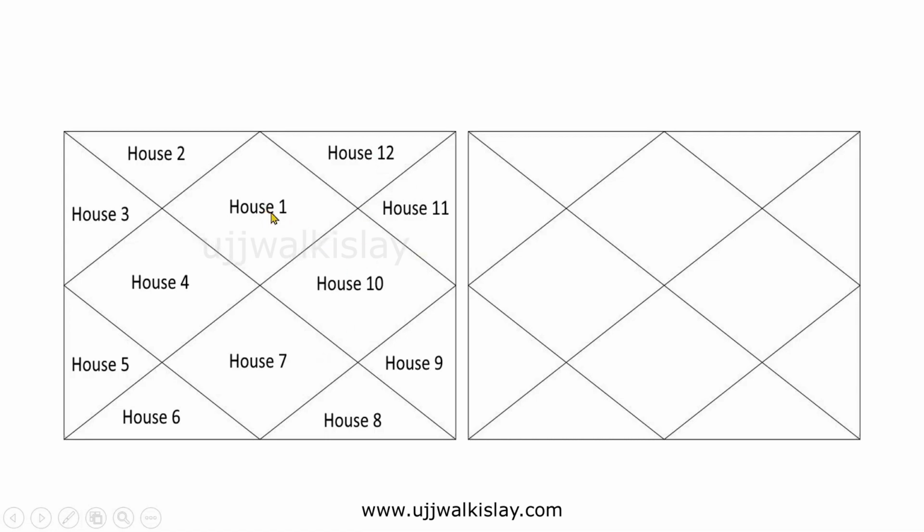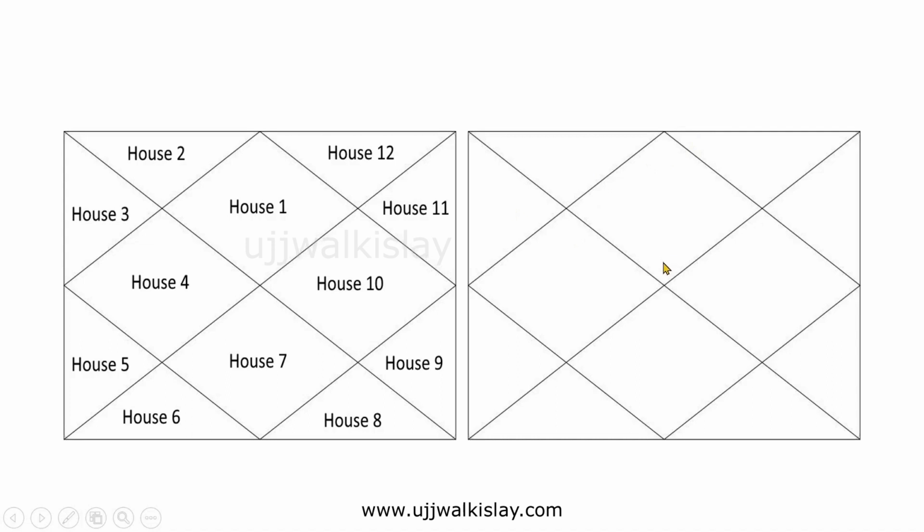Since the houses are fixed, we do not require to show them in a kundli. Hence, by default, a kundli looks like this. It is blank. There are only houses here.